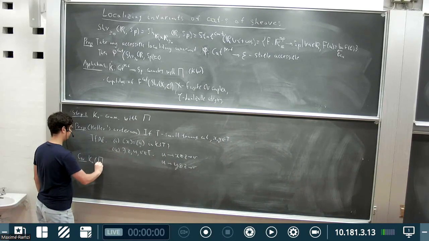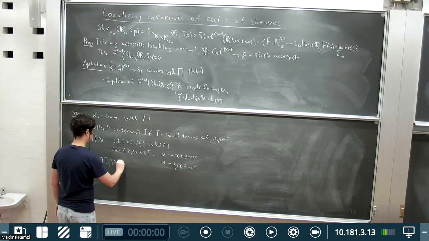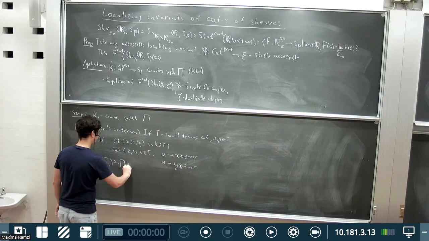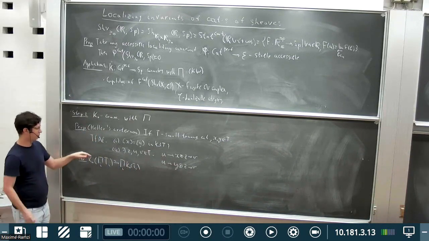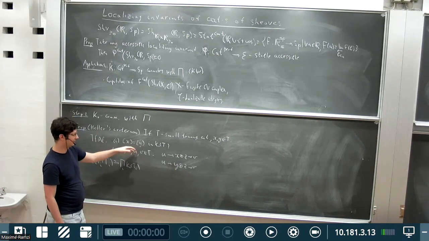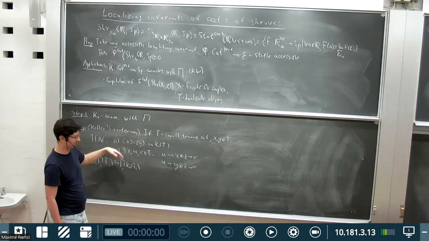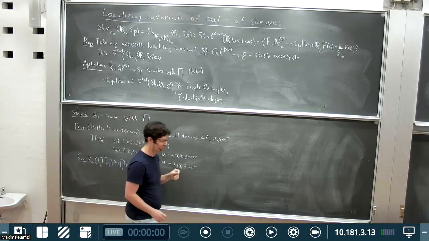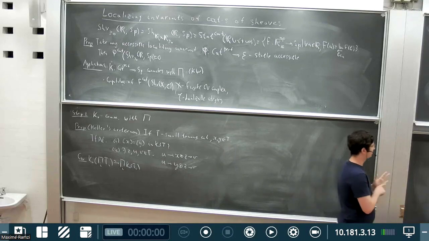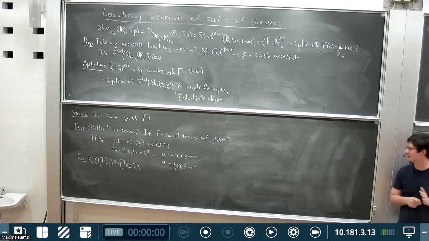K0 of infinite products of small triangulated categories maps isomorphically to the product of K0, just because in each component you need only a uniformly bounded number of objects to figure this out. Uniform bound is 3, which is good.